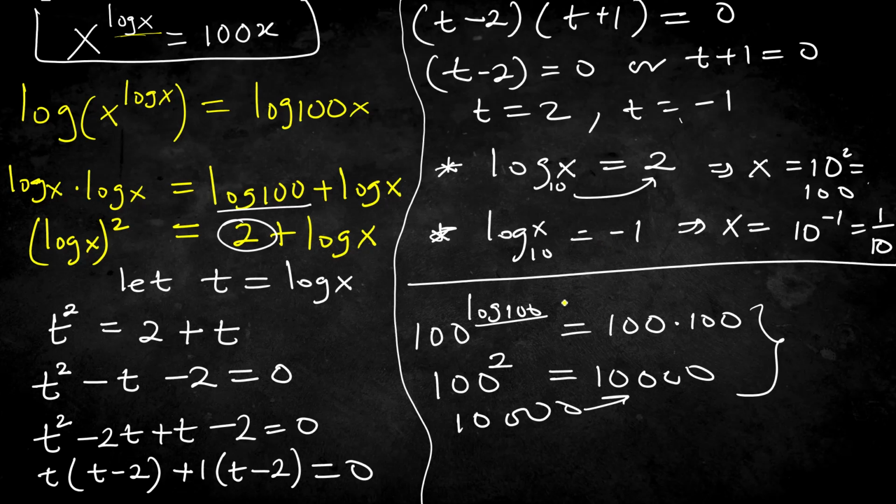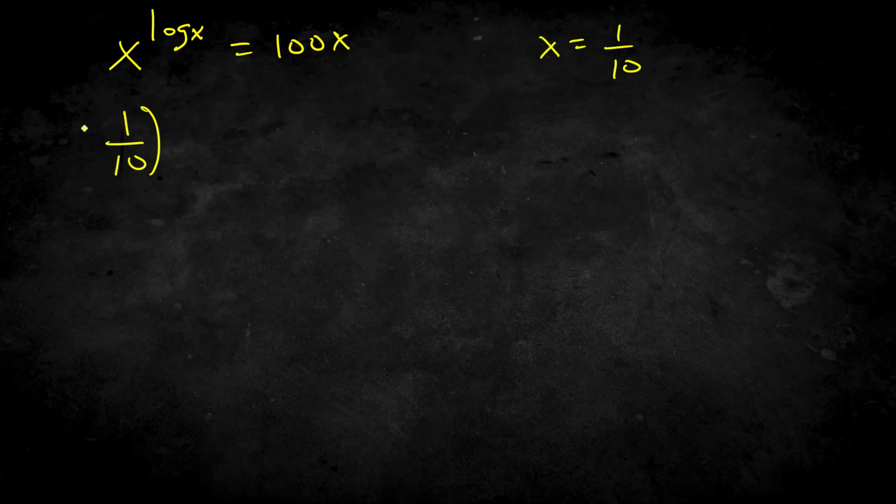Now let's check for x equals 1 over 10. So I have 1 over 10 raised to log 1 over 10 equals 100 times 1 over 10.